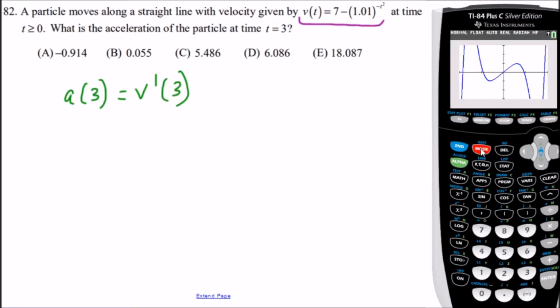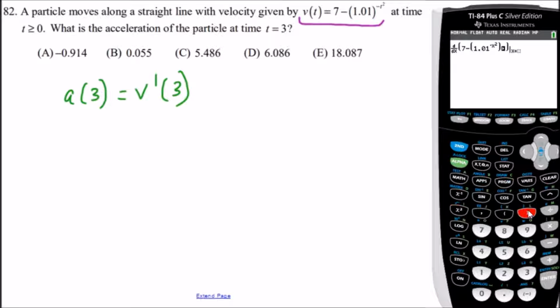So once again, this is the calculator section, so we could just type everything into the calculator. We're going to press math 8 to do derivative. And we could write it in terms of x, even though the question is in terms of t. And the function is 7 minus, and we have 1.01 raised to the negative t squared. So we'll put negative x squared power.